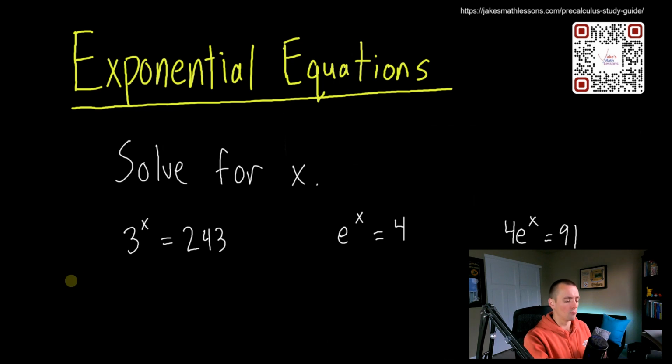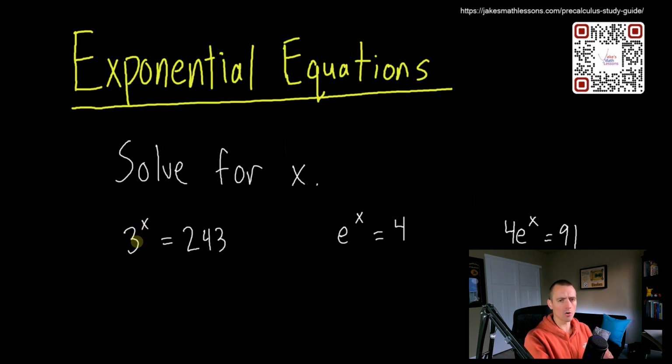So really, when it comes to these sorts of problems, where you have something like this, solve for x, and they give you, for example, 3 to the x equals 243, we can solve an exponential equation like this by using logarithms, by simply looking at what our exponent is, our exponential portion of this equation. So in this case, we have 3 raised to the x power.